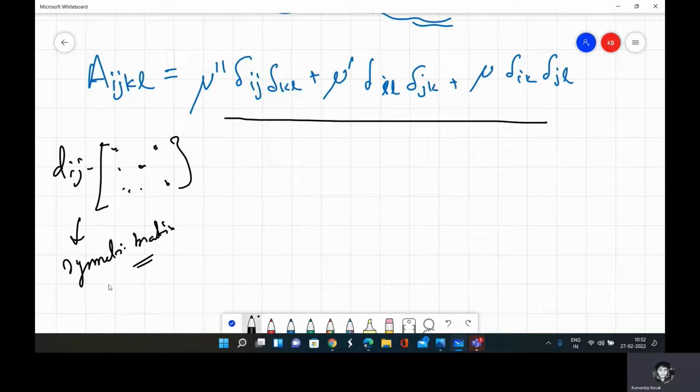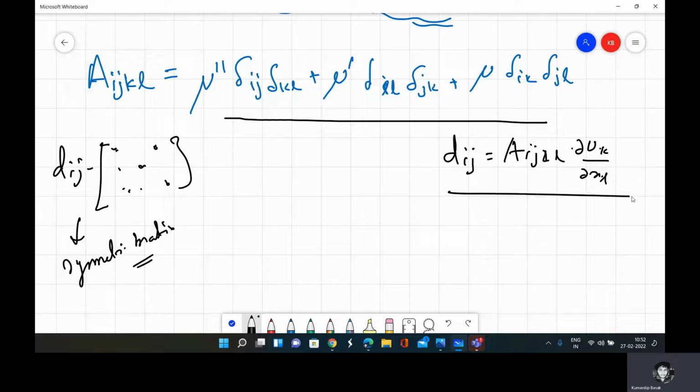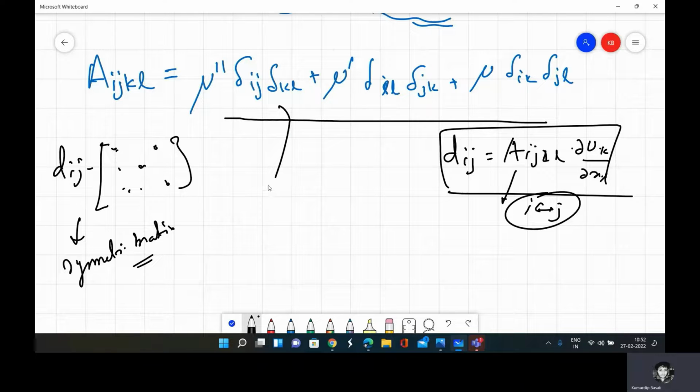Therefore, here also Dij equals Aijkl into the local gradient du_k by dx_l. This whole left hand side and right hand side are symmetric in ij, so we can interchange i and j as it is symmetric. If you interchange i and j, what will you get?